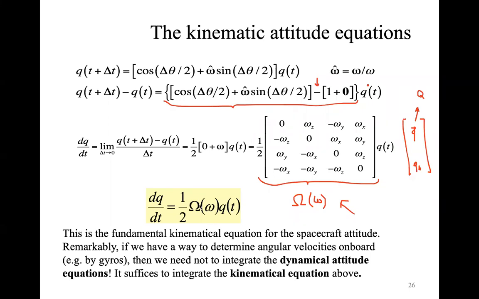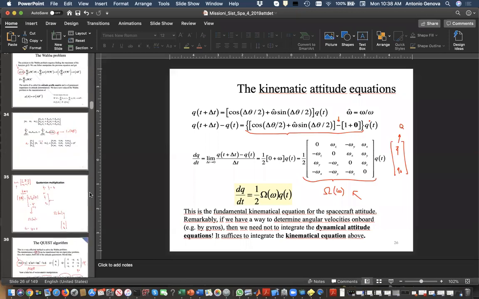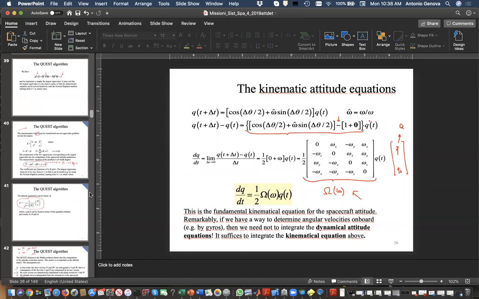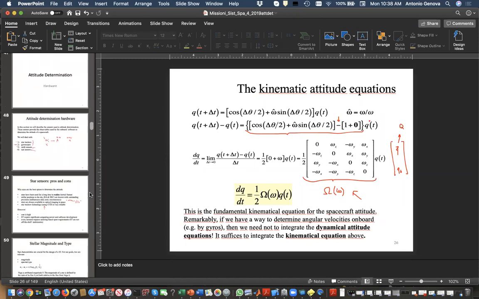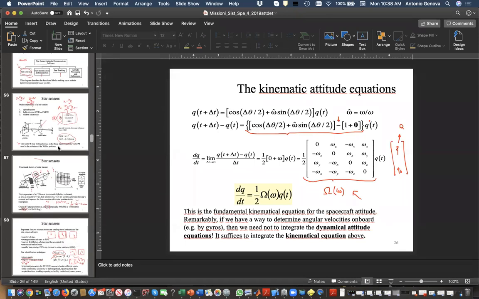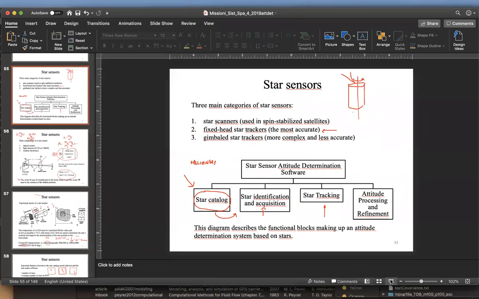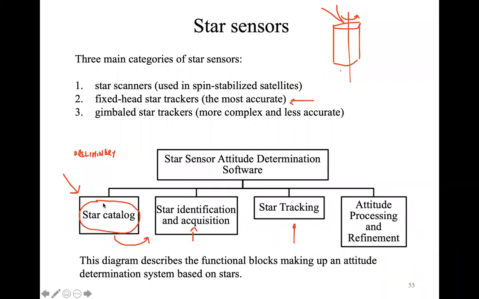So going back to the preliminary knowledge of the spacecraft, since we know from the gyroscope, for example, the initial orientation of the spacecraft, we can indeed load the portion of the sky that we're going to look at.